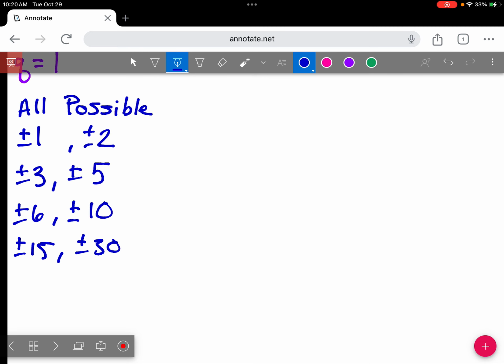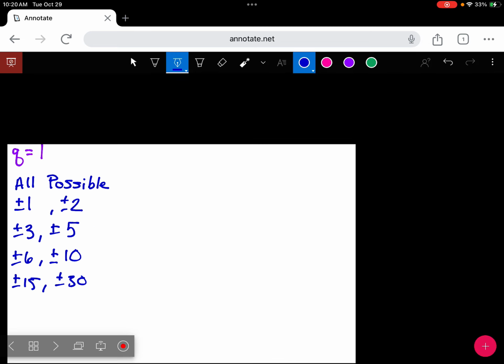And you don't have to write them in smallest to biggest order. If it works better for your brain to do 1 and 30, 2 and 15, 3 and 10, 6 and 5, that is 100% valid. That is a lot of the times how I write it in my answer keys because that's the way my brain works. But whatever works for your brain, y'all were getting them in order.